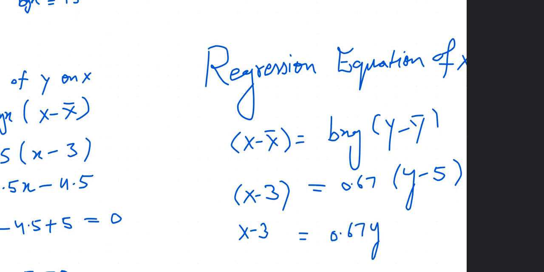So x minus 3 is equal to 0.67 into y minus 5.